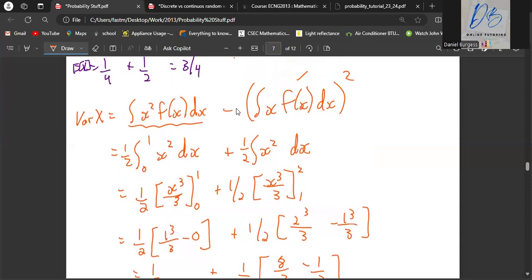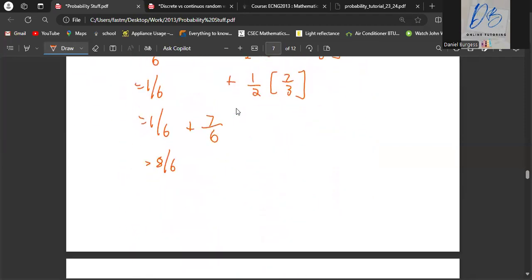Right. So now we can go ahead and bring it together. So the variance of x will be 8 on 6 subtract 3/4, which is squared. On the calculator, it'll be 8 on 6 subtract 3 on 4, all squared.